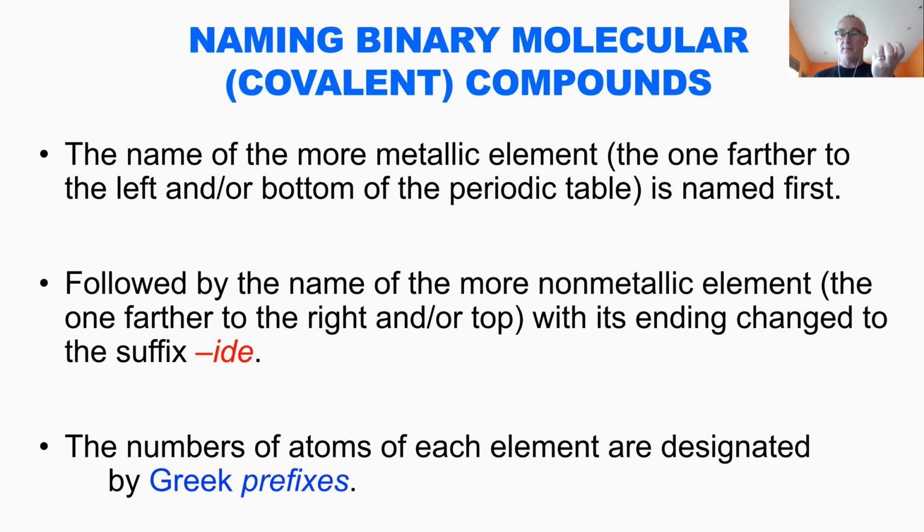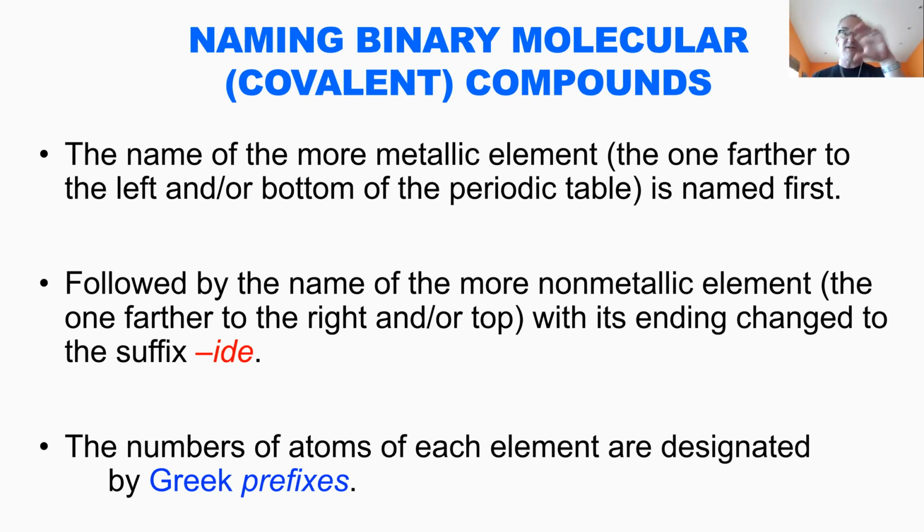So when we have carbon and oxygen, carbon is to the left of oxygen, so it comes first. If we have nitrogen and oxygen, nitrogen's to the left of oxygen, it's named first. If we have oxygen and fluorine, oxygen is to the left of fluorine, so oxygen would come first in that particular example. So whatever one is to the left or further down comes first.